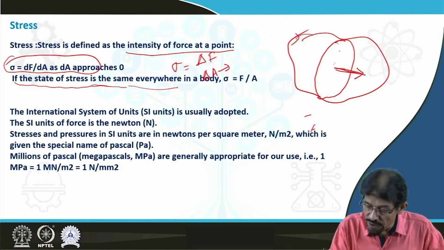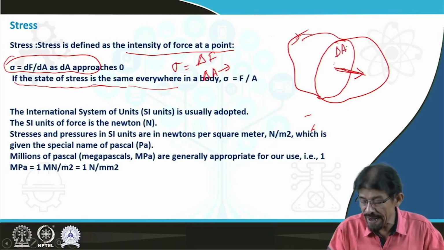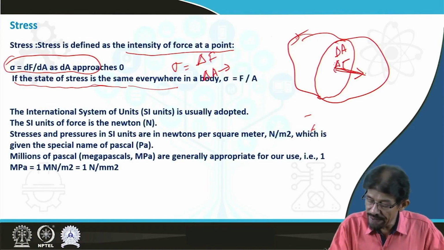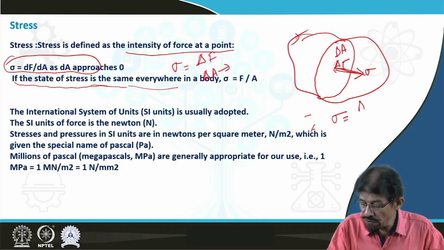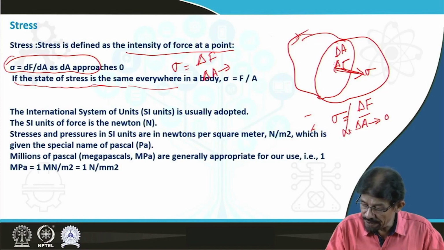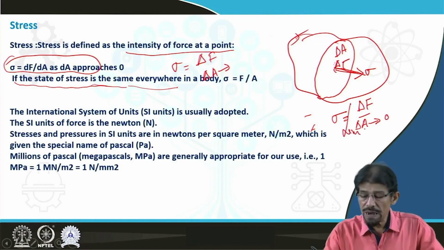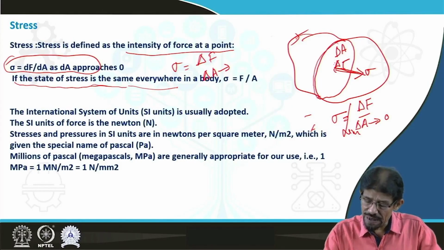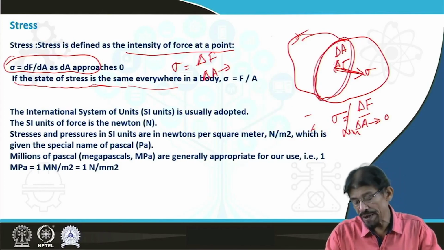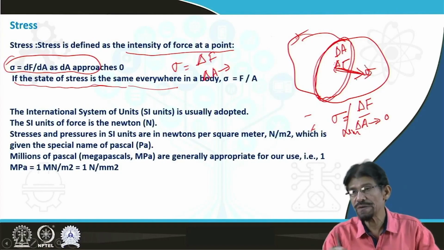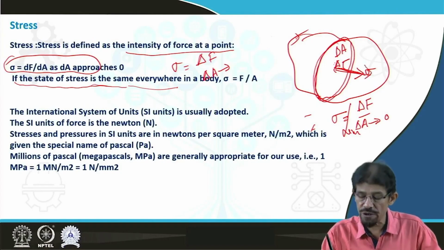If we consider this area as delta A and this effective force as delta F, then we can say that sigma is equal to delta F by delta A, where delta A goes to the limit 0. Here the direction of the plane is also defined and the normal is also defined.